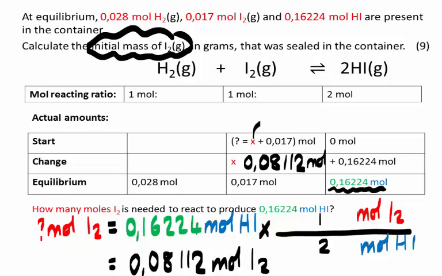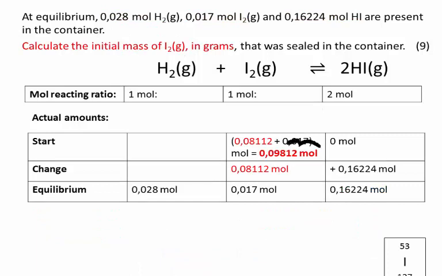So we still need to substitute it into this equation up at the top to find out, well, how much was that whole amount? 0,08112 plus 0.017. So we find that this is the initial number of moles of iodine, 0,09812. But again, that is not the question.